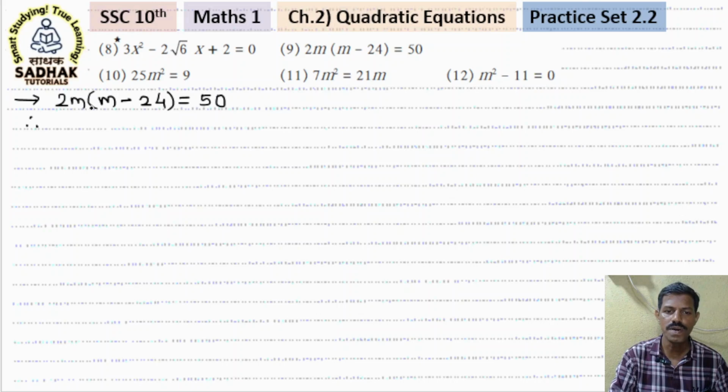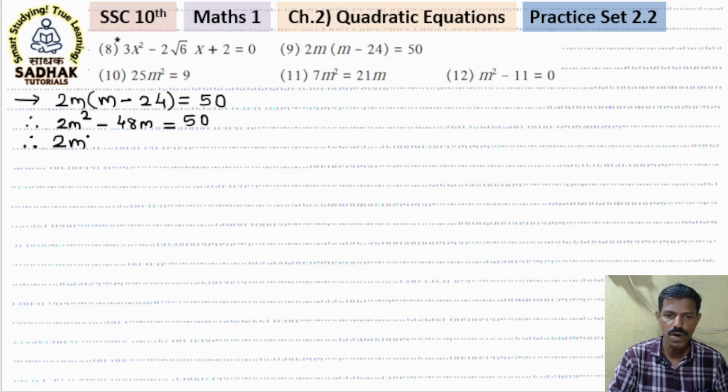For that we'll have to multiply this 2m with the binomial given in the bracket. Okay, so 2m multiplied by m will give us 2m square, minus 2m multiplied by 24 will give us 48m. Okay, that is equal to 50. Now this 50 on the right hand side, let us write it on the left hand side.